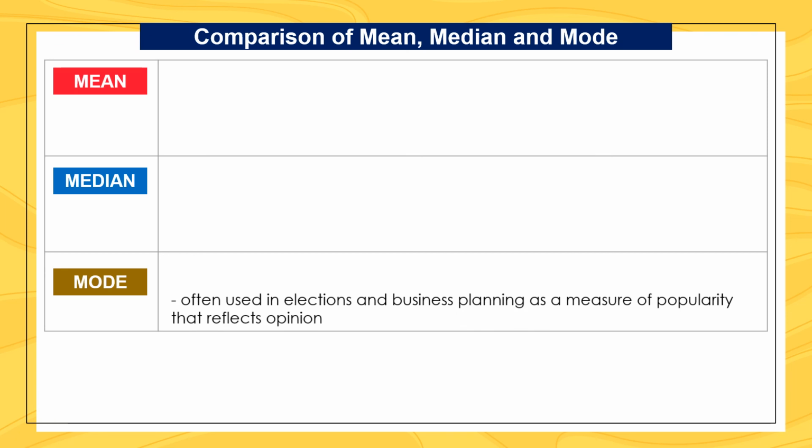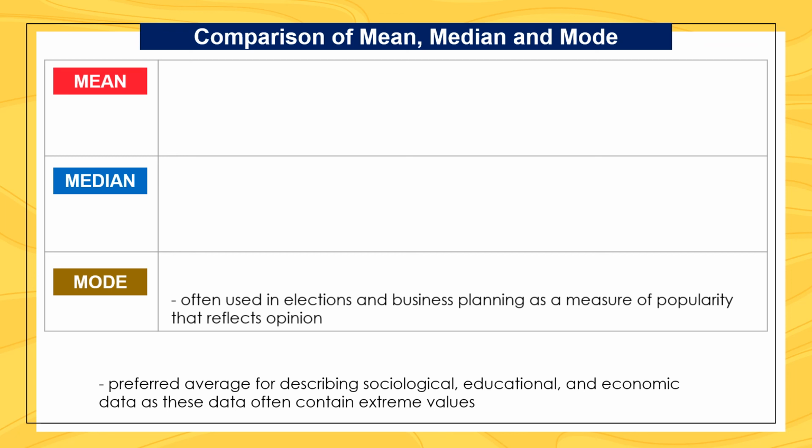Absolutely right. For elections, we try to get sino yung may maraming boto. Okay? Through surveys, true false, right? Polls. Next, preferred average for describing sociological, educational, and economic data, as this data often contain extreme values.